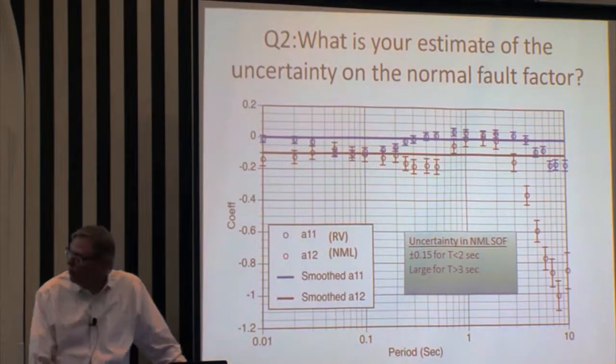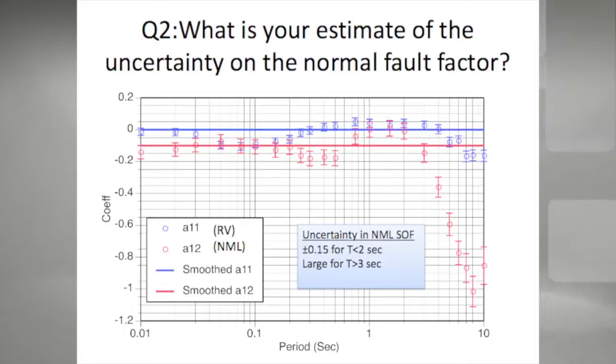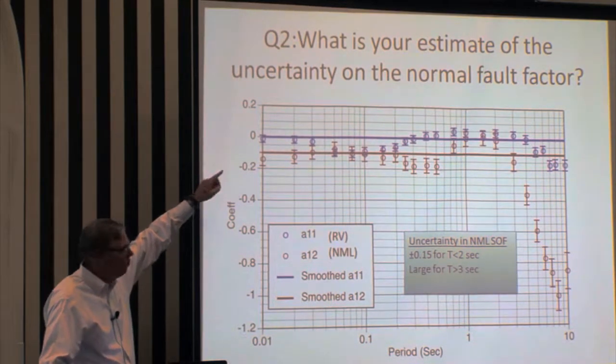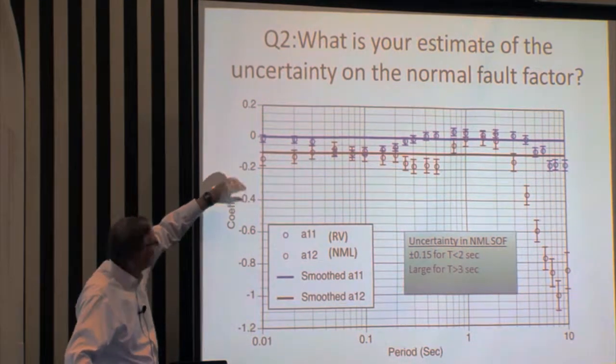So then the question is uncertainty in the normal style of faulting factor. I'll show two plots for this. For our model, the A12 shown by the red symbols here is our normal style of faulting factor. So 0 would be no factor. These are in natural log units, Ralph, not log 10s.